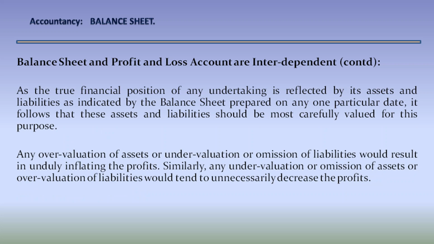Any overvaluation of assets or undervaluation of or omission of liabilities would result in unduly inflating the profits. Similarly, any undervaluation or omission of an asset or overvaluation of liabilities would tend to unnecessarily decrease the profits.